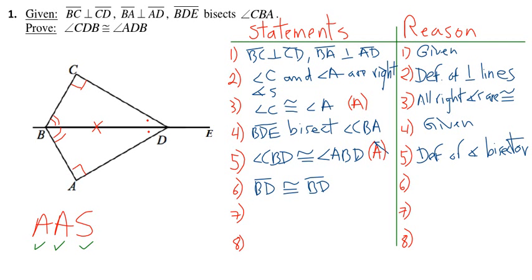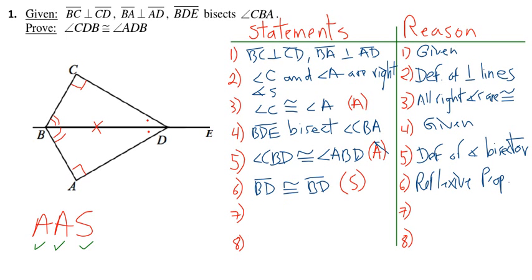So BD is congruent to BD by the reflexive property. And now I have mentioned here sides that are congruent. So I have a pair of congruent sides, so I can say S here.